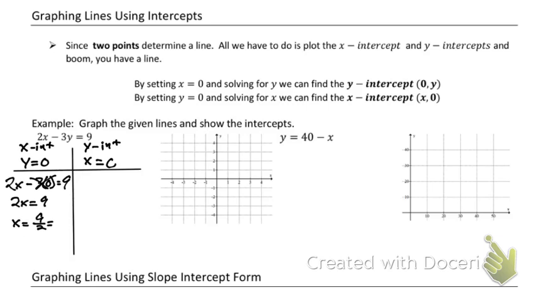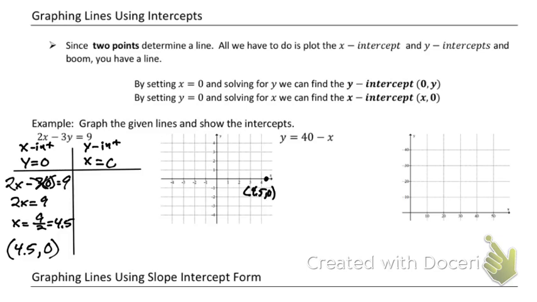Well, that's really just 4.5. This is like the only time I'll change fractions to decimals because it's a lot easier to picture it on our graph. All right, so that means we are going to graph the point (4.5, 0). We go x is 4.5, y is 0, and we have our x-intercept right there. That is our (4.5, 0).